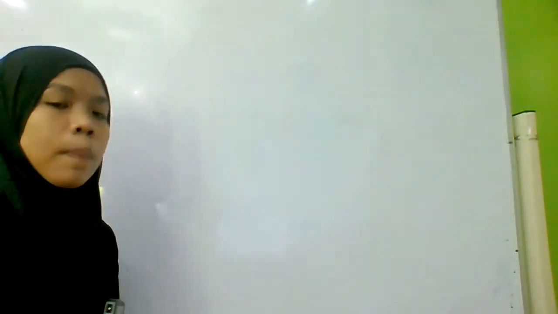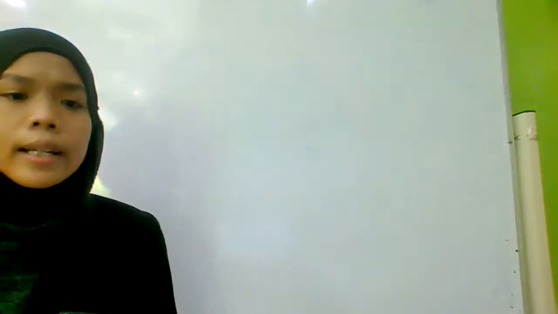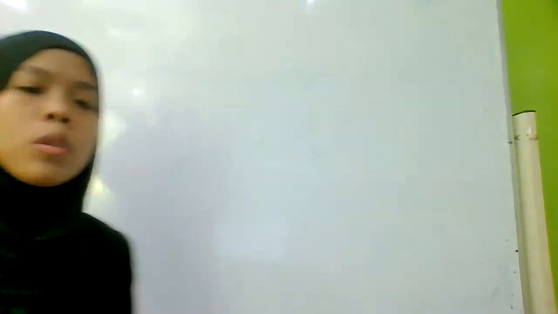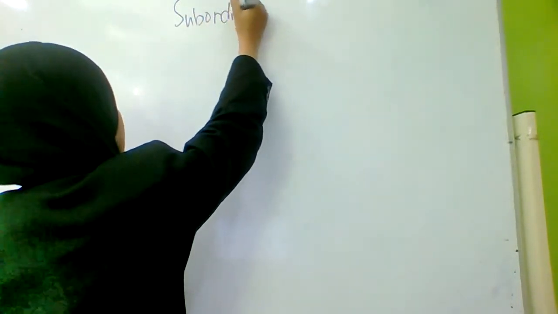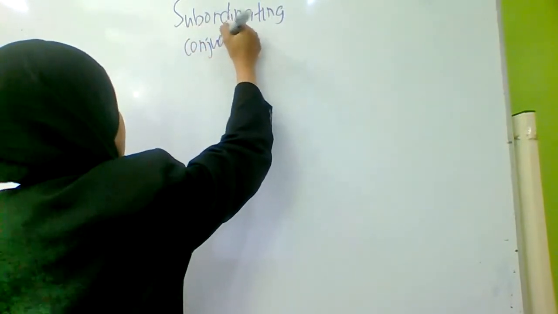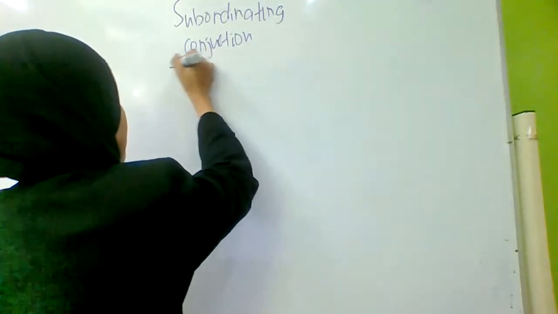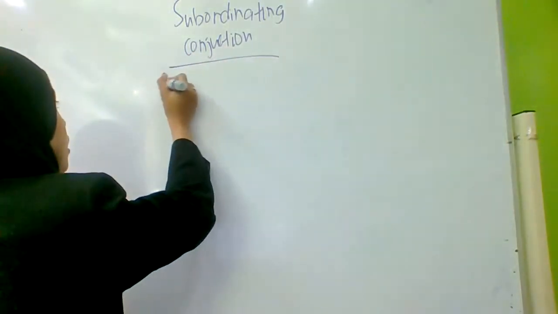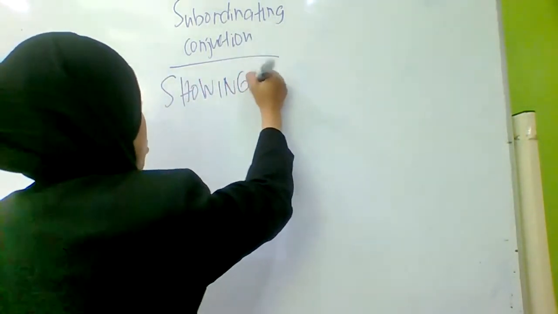Don't simply think that conjunction is only one topic, because actually we have a lot of different types. So let's go to subordinating conjunctions, the ones showing cause and effect. I'm going to highlight the first one.